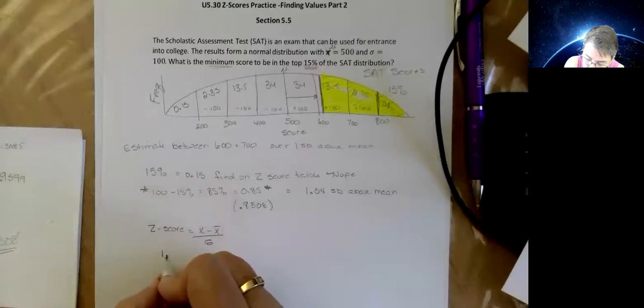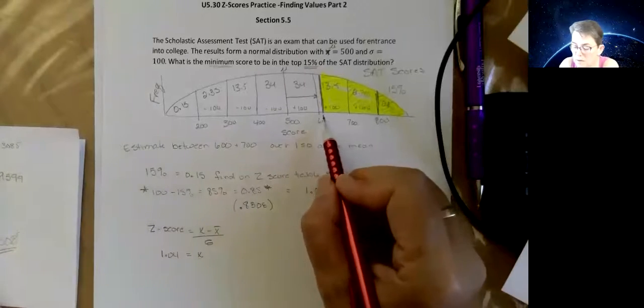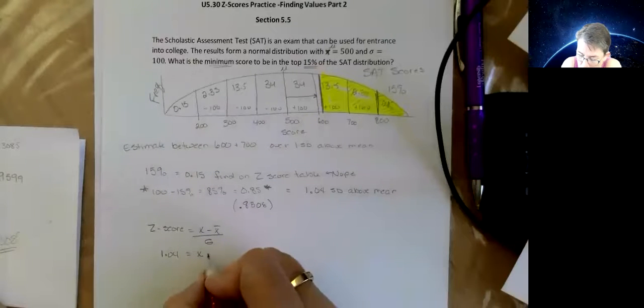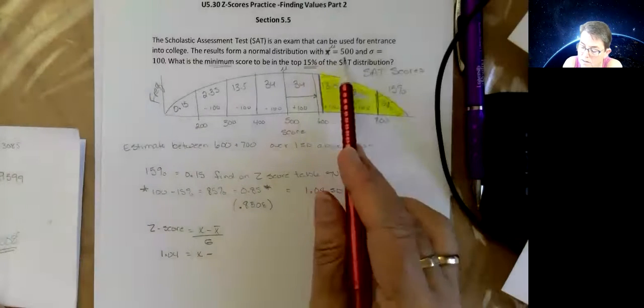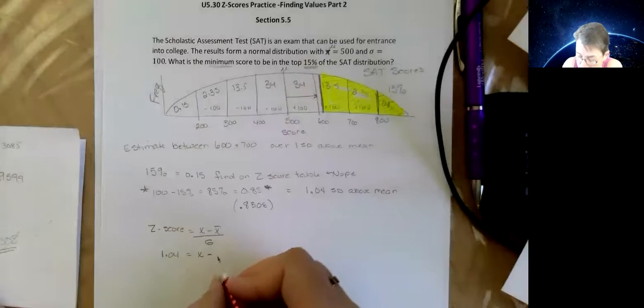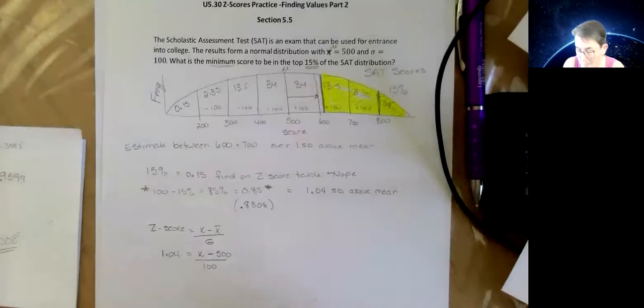1.04 goes here. x is the value we're looking for, a number somewhere between 600 and 700, minus my mean of 500, over 100. We'll just do it this way, cross multiply.